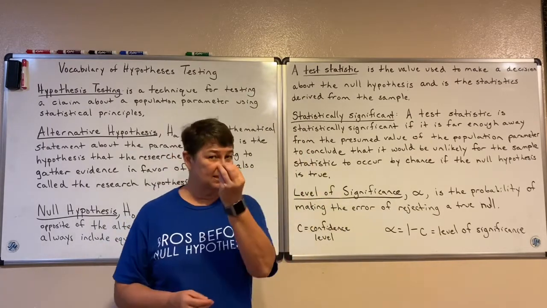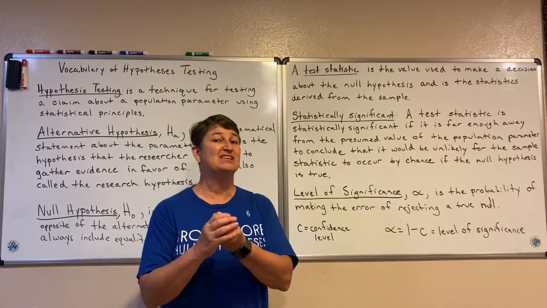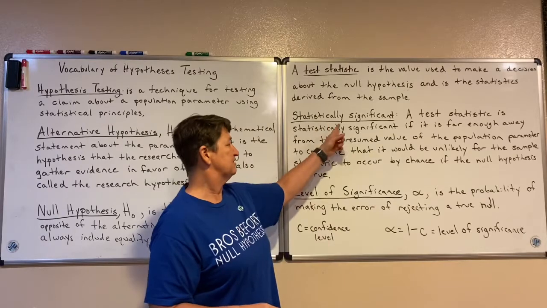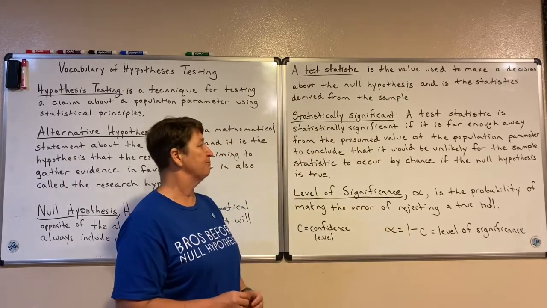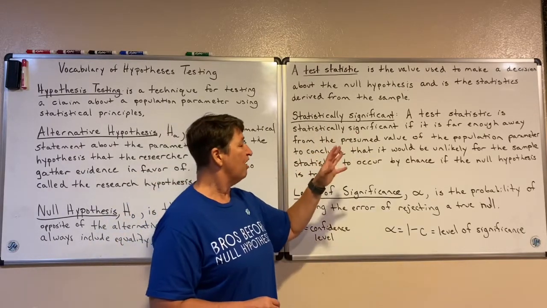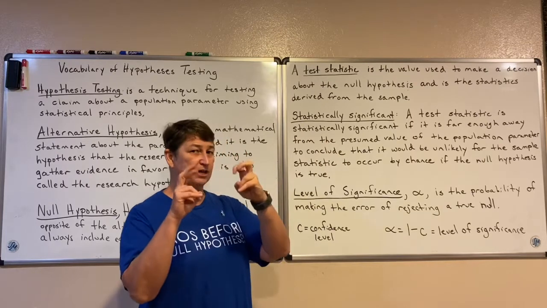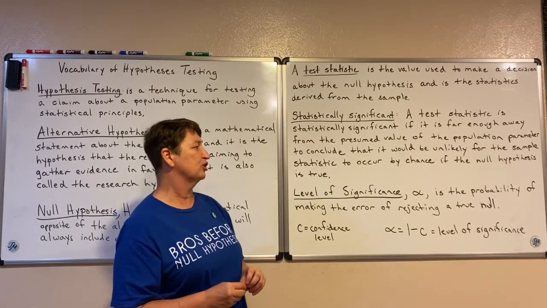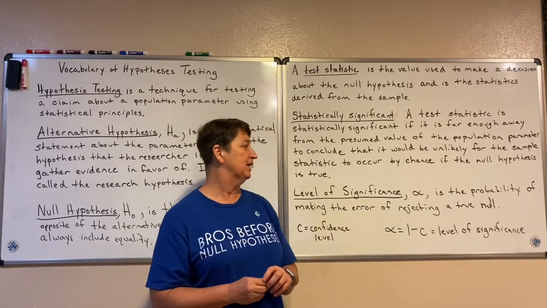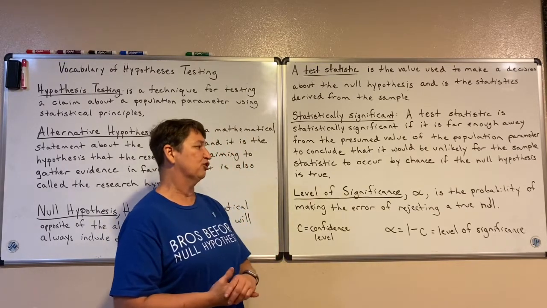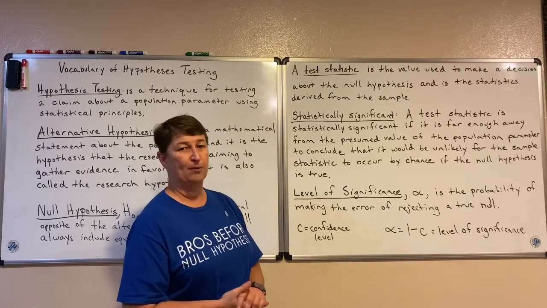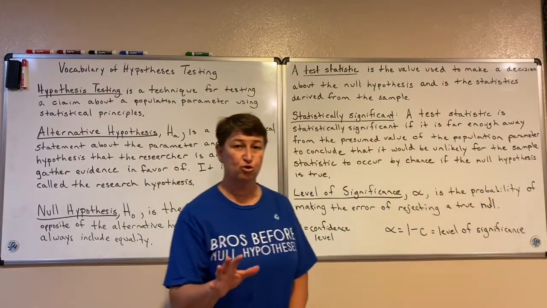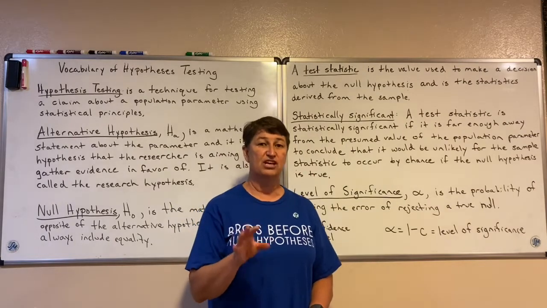Then that test statistic is said to be statistically significant if it is far enough away from the presumed value of the population parameter to conclude that it would be unlikely for the sample statistic to occur by chance if the null hypothesis were true. Remember that we're going to assume that the null hypothesis is true.